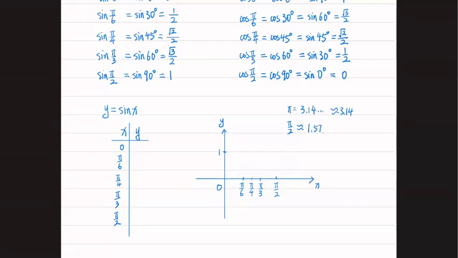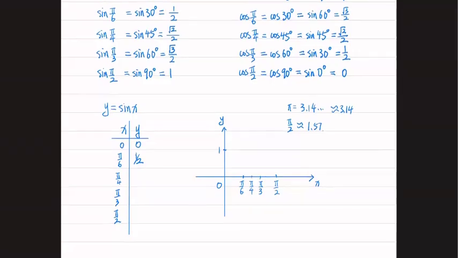Okay, so let's start with Amy. When x is 0, what is y? Also 0. Aaron, x is pi over 6. That's like sine 30, which equals a half. Kira, pi over 4. Sine of 45. So that's square root of 2 over 2. Jessica, pi over 3.